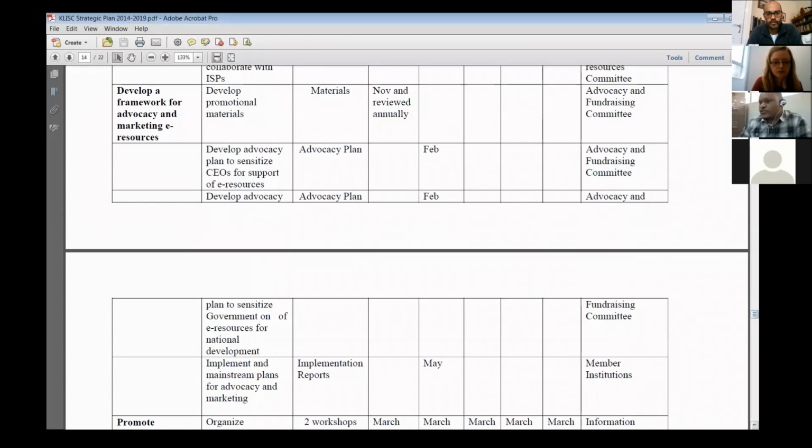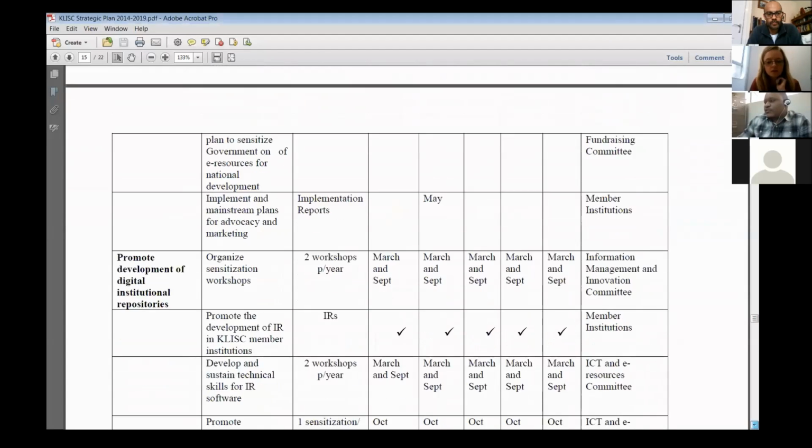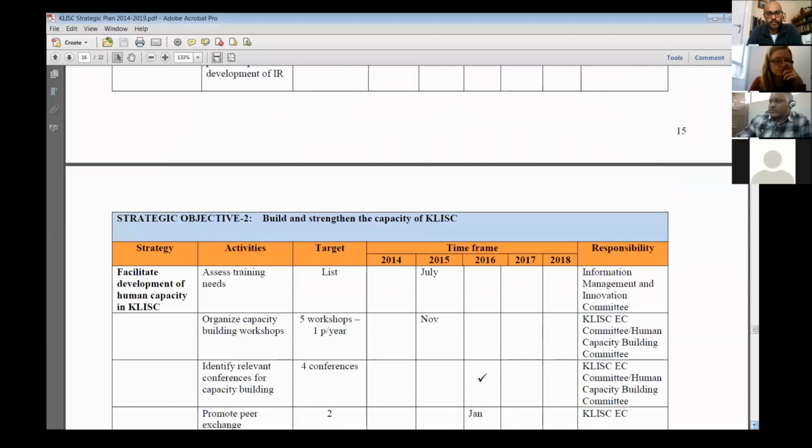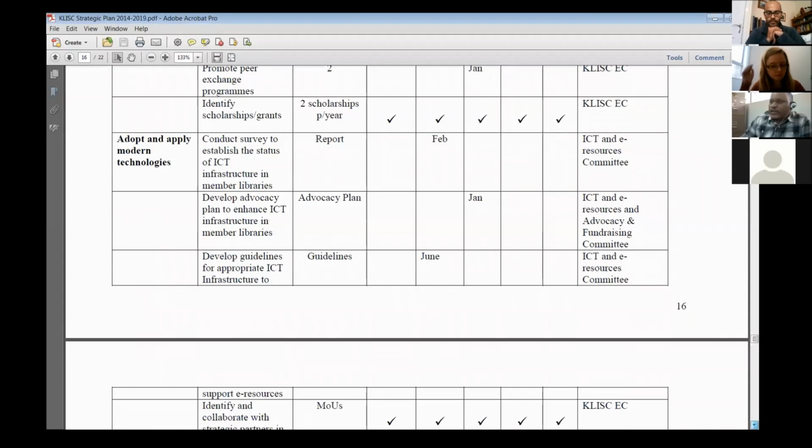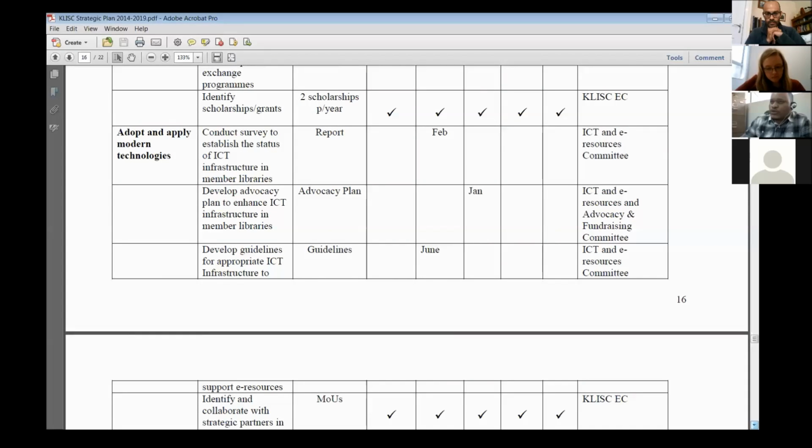I'll just rush through. Some of them have already been actualized, because as you can see here, we're at 2017, and the main one would be capacity building. As I said earlier, we've been able to have up to 6 or so workshops to help empower the members of CLISC, and I think that's part of the strategy.